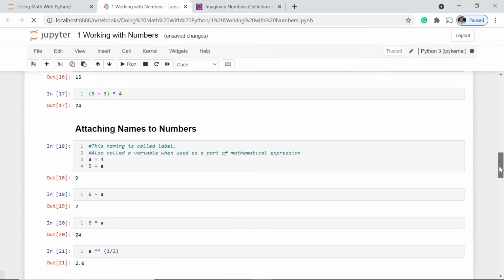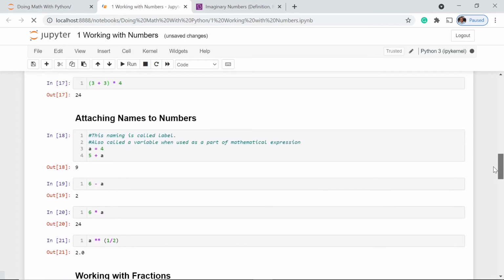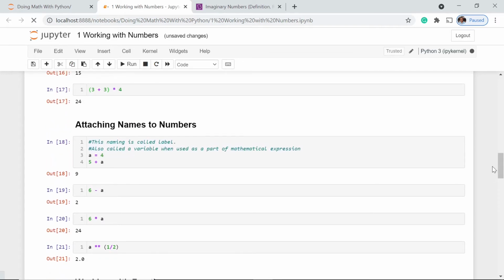Here, what we will do is attach names to numbers, because usually we give a certain value to a certain name. For example, a is equal to 4, and then we do 5 plus a.